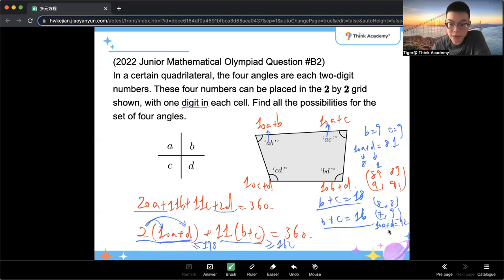So A is 9 and D is 2. So then we can have 2 more sets of solutions, which are going to be 98, 98, 82, 82. Or we can have 97, 99, 72, 92. All right, so these are the 3 sets of solutions we have.